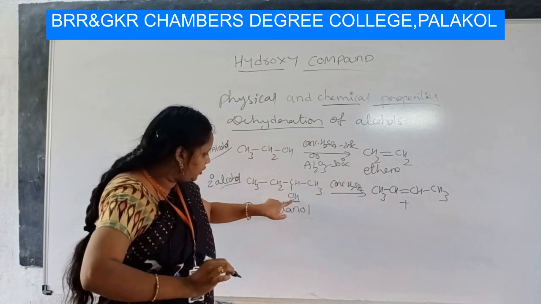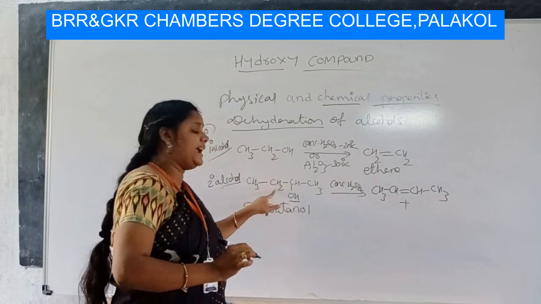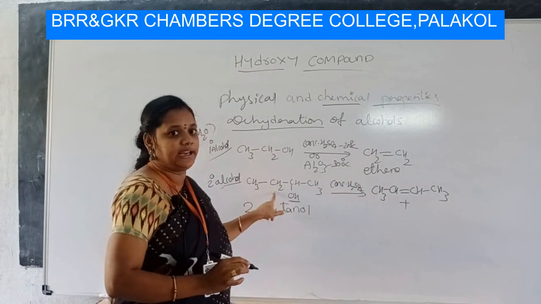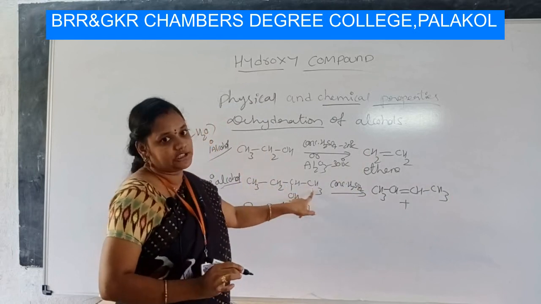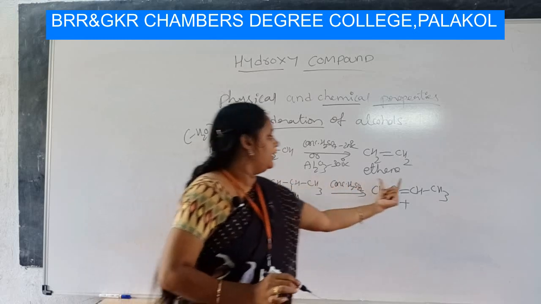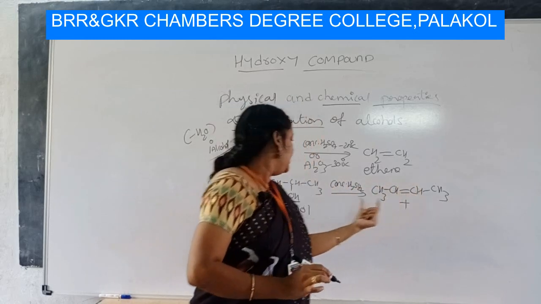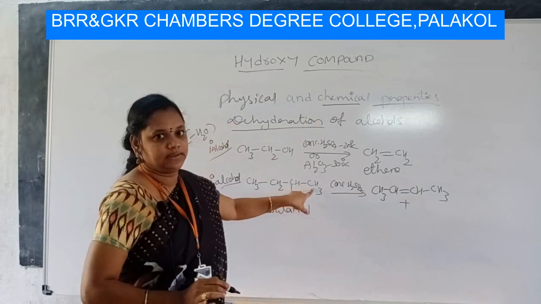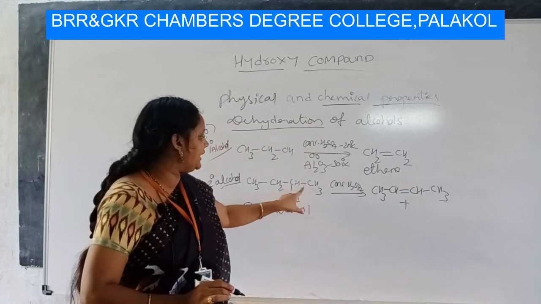If the OH group is removed from here, why does the hydrogen have to be removed from here only? It can be removed from the other side also, right? If you remove it from this carbon, you will get a double bond here.